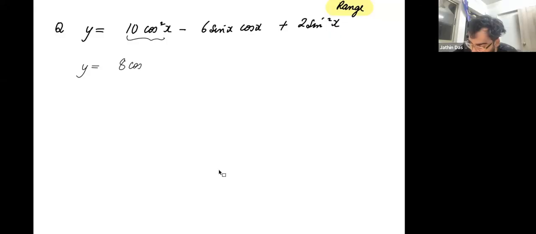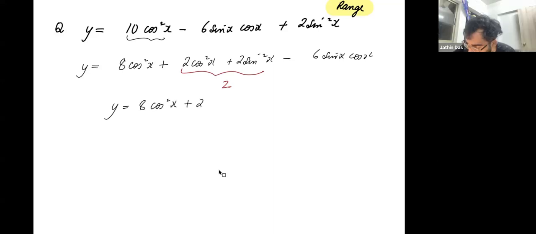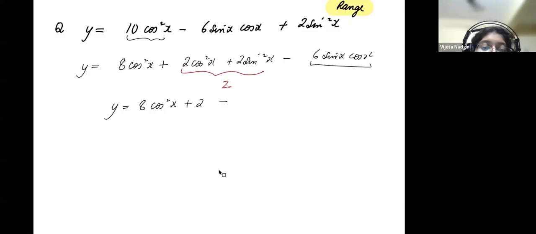You wrote it as 8 cos square x plus 2 cos square x, and that will combine with 2 sin square x. Okay, that is correct. Till here it is correct. So what will this be? This will be 2. Correct. 8 cos square x plus 2, minus, what will you do to this 12 and 8? I'll divide both by cos.